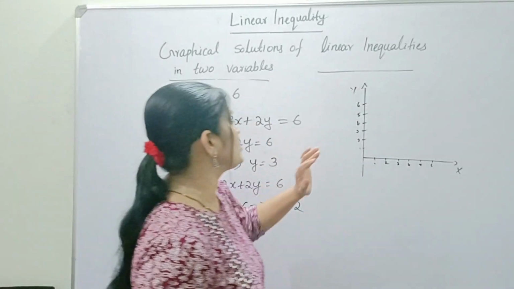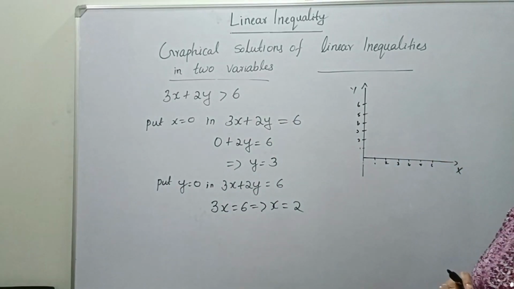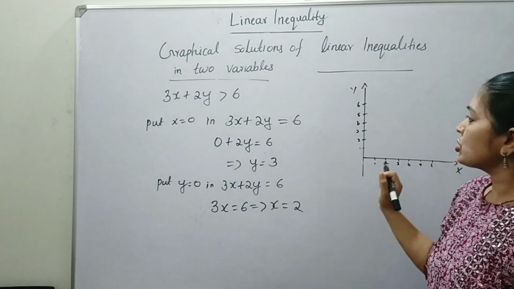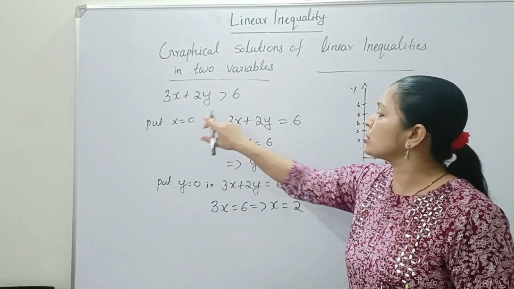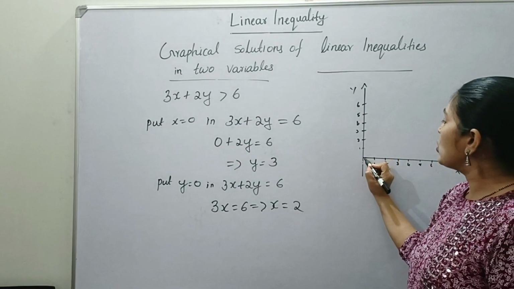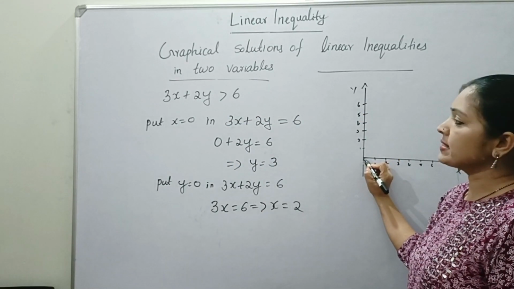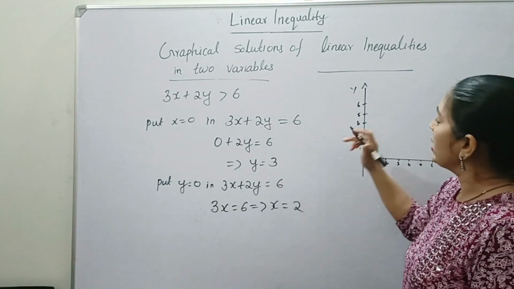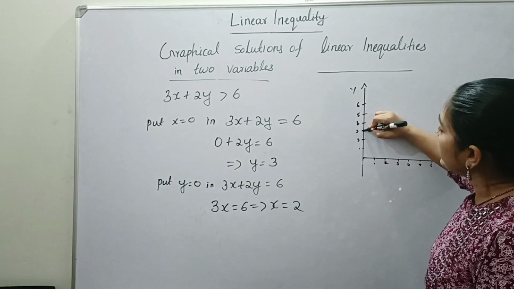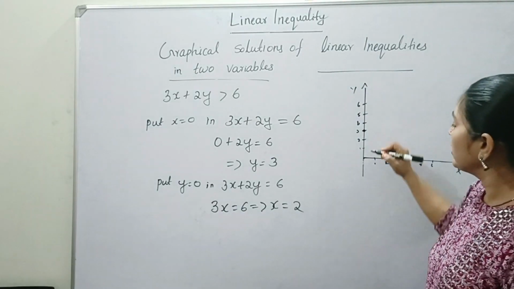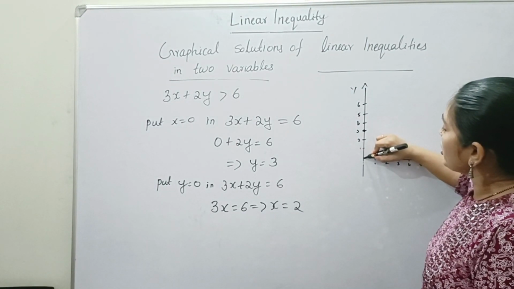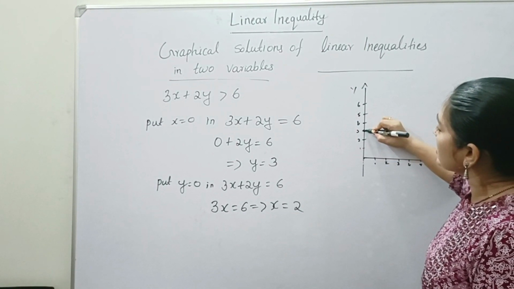Now let us come to the graph. First of all, when x is equal to 0, y value is 3. So its intersection point is here.